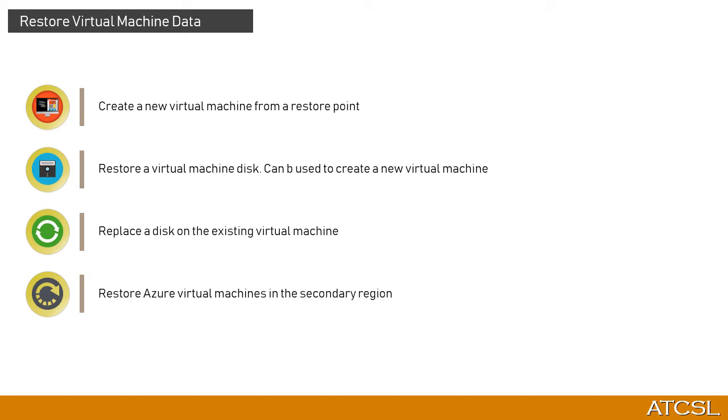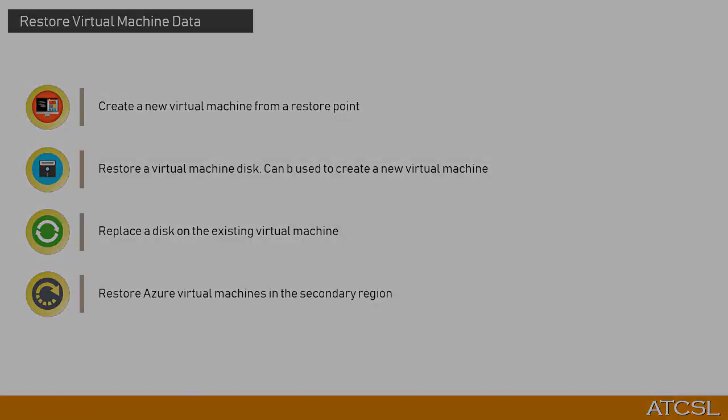You can then manually copy the files or the folders. And the replace existing VM option, which was the third option above, is not available for encrypted virtual machines. While restoring, individual files can also be restored from a recovery point once you mount the snapshot on the target machine using the iSCSI initiator in the machine.